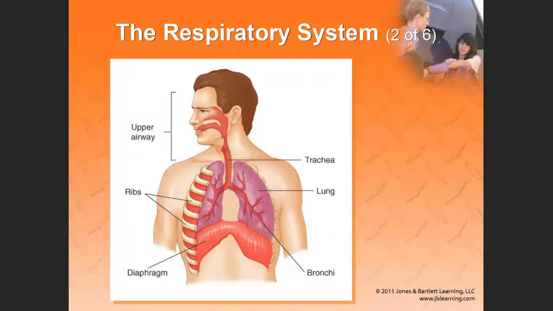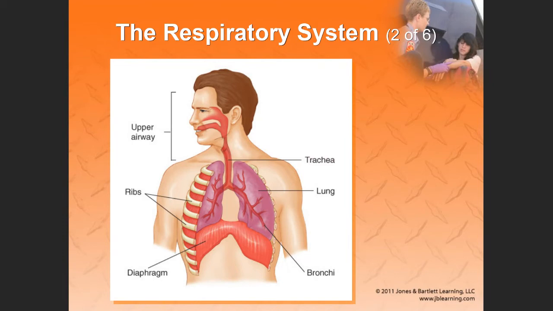So the upper airway. The respiratory system is divided into the upper airway structures and the lower airway structures. The main function of the upper airway structures is to warm, filter, and humidify the air that we breathe in.